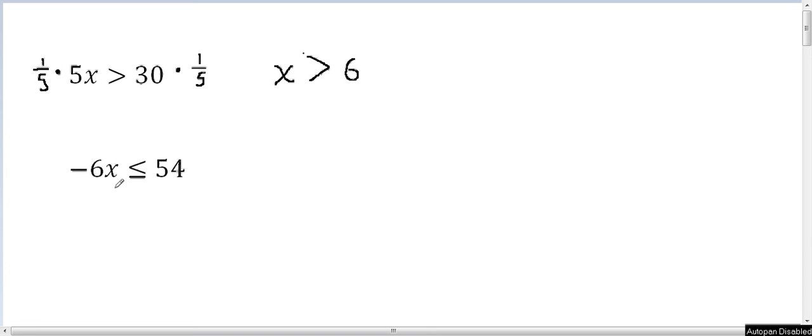and we end up with the inequality x is greater than 6. Next, we start out with the inequality minus 6x is less than or equal to 54. To get x by itself, we multiply both sides by minus 1/6.